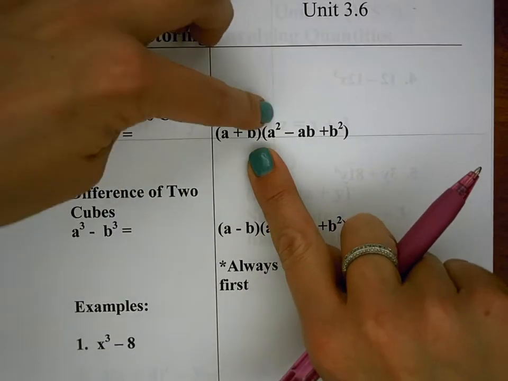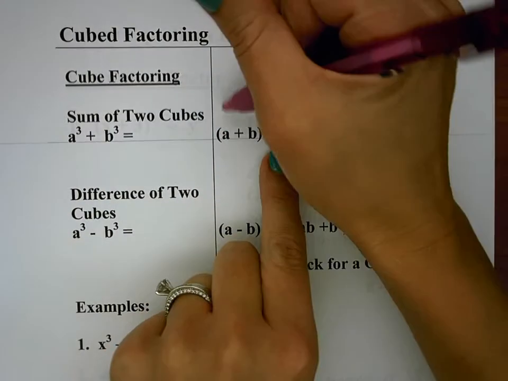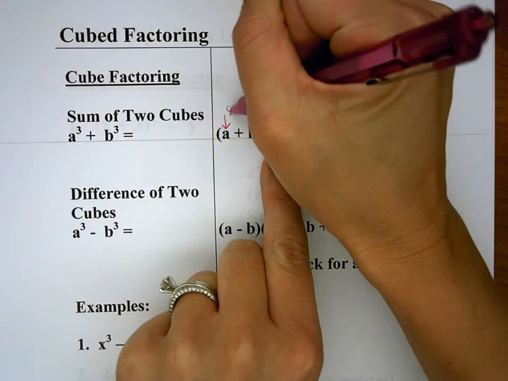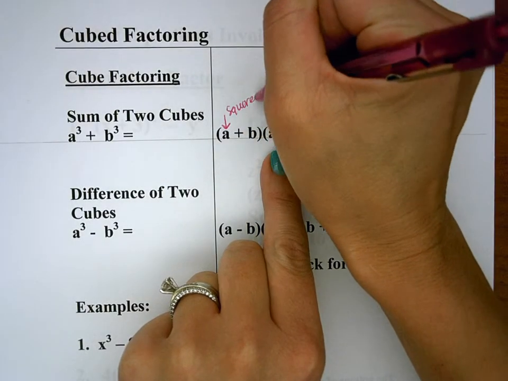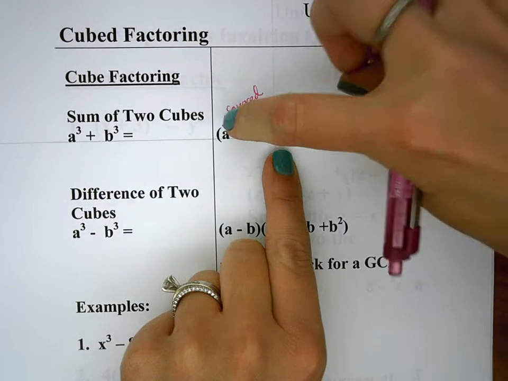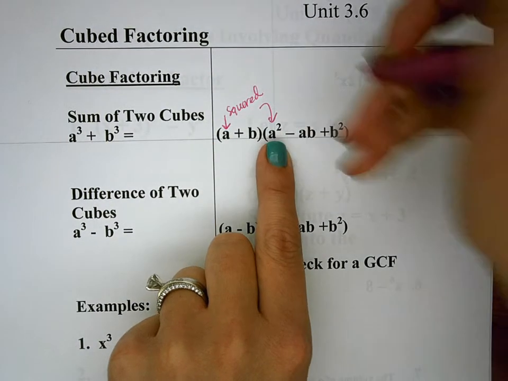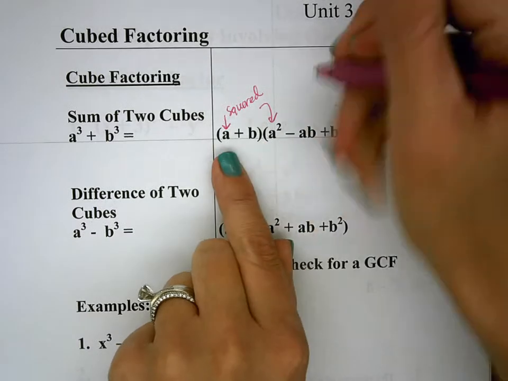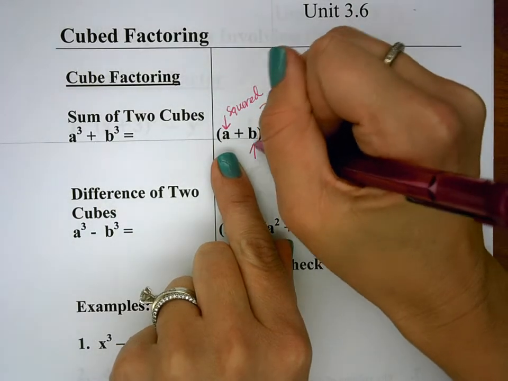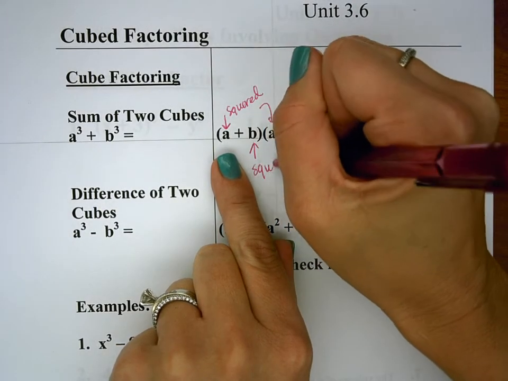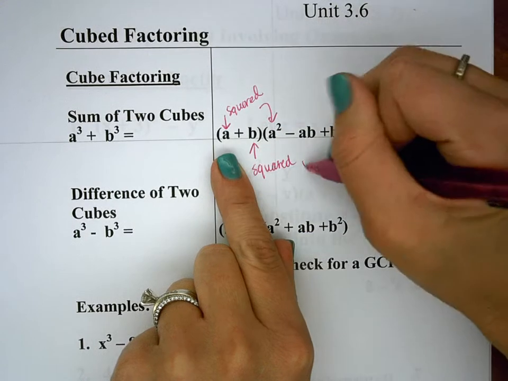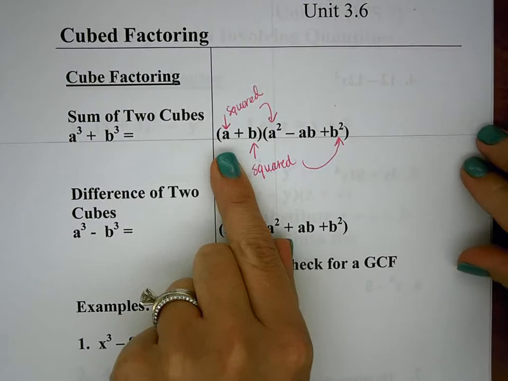Your second parenthesis: your first term is the first term squared, so you get A squared. This last term is again the last term squared, and that goes at the end.